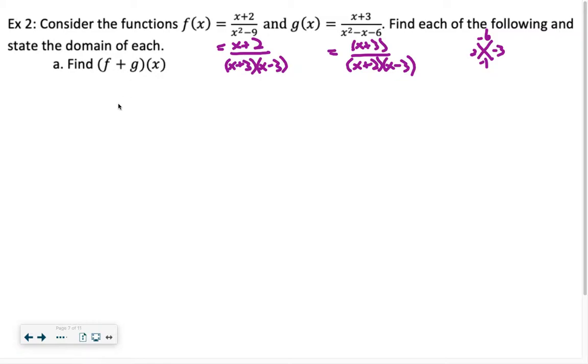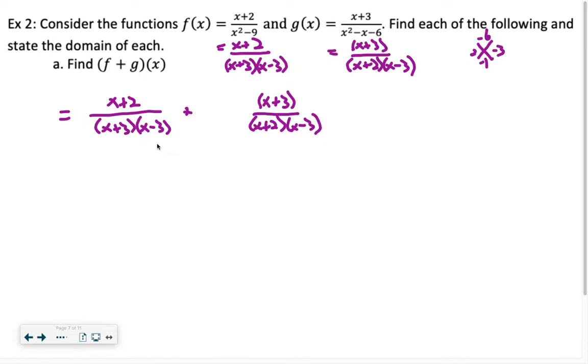So I can write this as x plus 3 over x plus 2 times x minus 3. So now, when I'm adding these, again, we said we need common denominators. So let me rewrite this. X plus 2 over x plus 3 times x minus 3 plus x plus 3 over x plus 2 times x minus 3. For the denominators to be common, we need all the same factors.